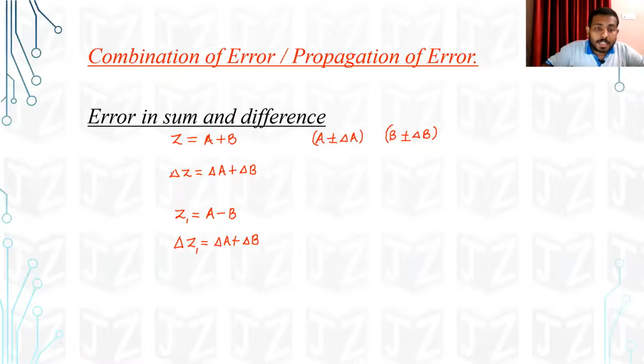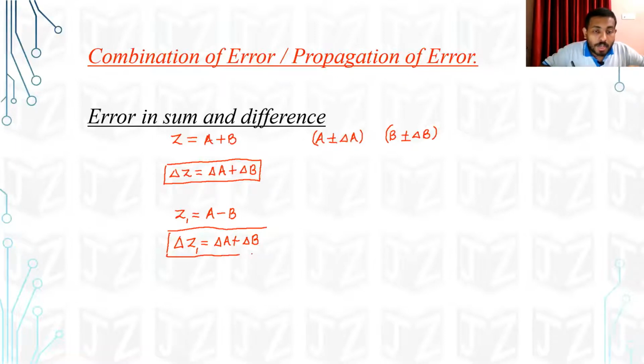The error in Z is equal to the sum of the errors in physical quantities A and B. Similarly, the error in Z1 is also equal to the sum of errors in physical quantities A and B.